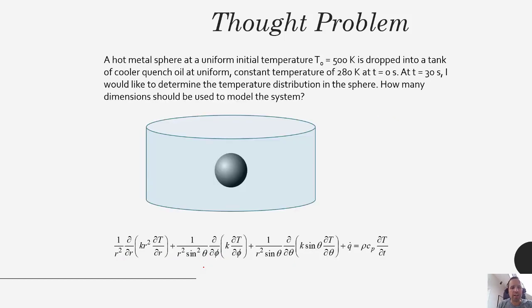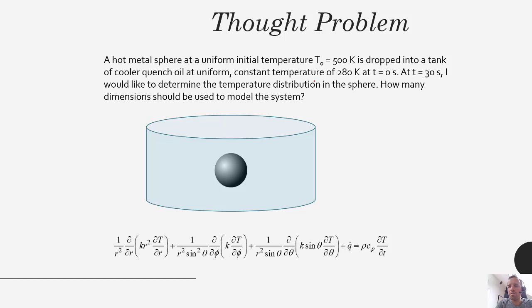All right, let's look at another problem, a spherical one. A hot metal sphere at a uniform initial temperature of T0 equals 500 Kelvin is dropped into a tank of cooler quench oil at uniform constant temperature of 280 Kelvin at t equals 0 seconds. There's our initial condition here. And this will play into our boundary condition, except this will be a convection boundary condition because it's the fluid that has that constant temperature.